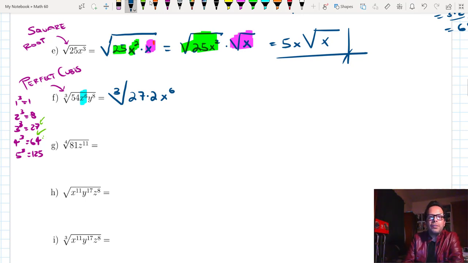I'm worried about y to the 8th power. Observe the power, it's the number 8. Let me write down the power below 8. The question is, is 8 divisible by 3, and does that give us an integer as an answer?